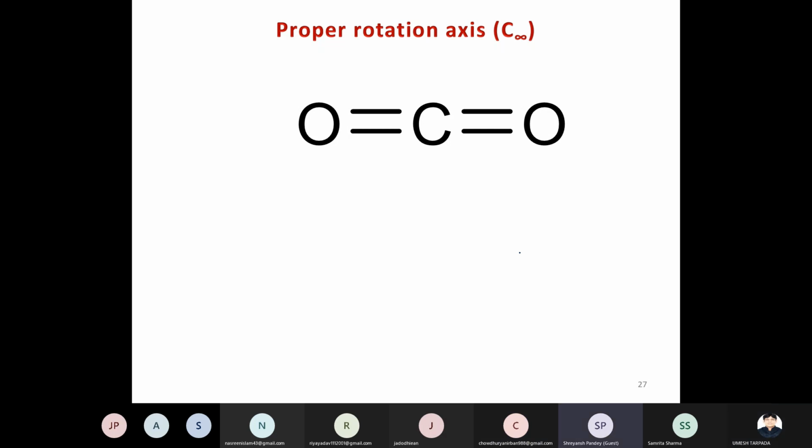Sir, there can be so many lines passing within the atoms of oxygen and carbon. What is the minimum angle of rotation which will give you identical structures? So that is very, very important. And that's why you can go for, see, this axis passing through oxygen, carbon, and another oxygen. Good.